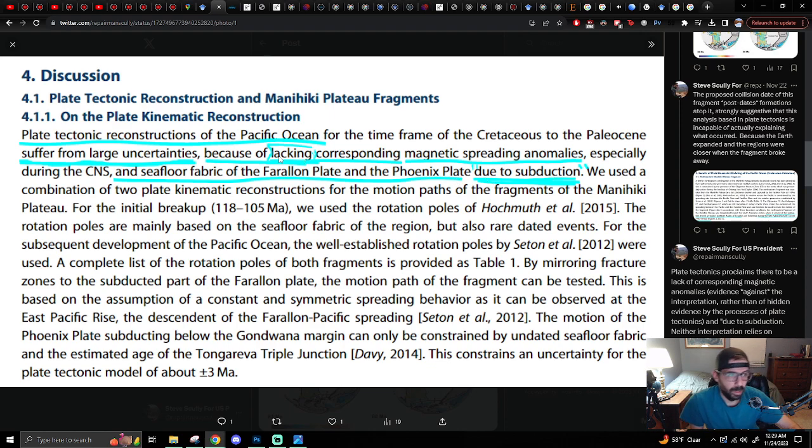So we don't see these plates. The magnetic anomalies are just not there. Why? Because they subducted. The evidence was erased. The Earth erased the evidence by subduction.